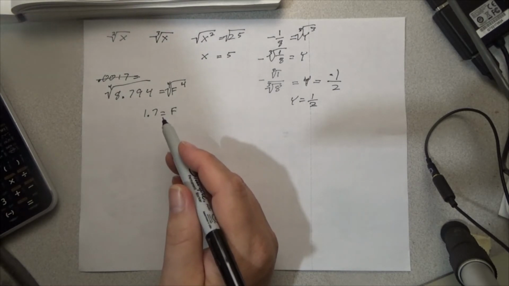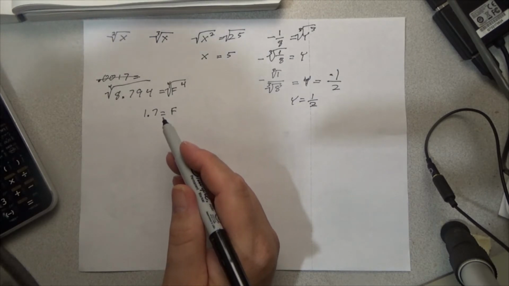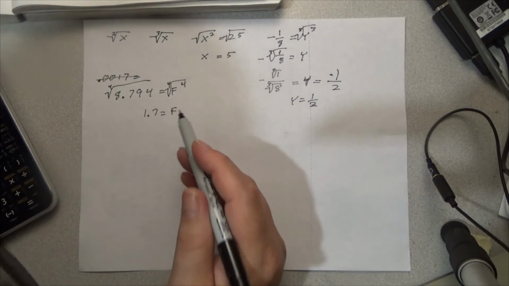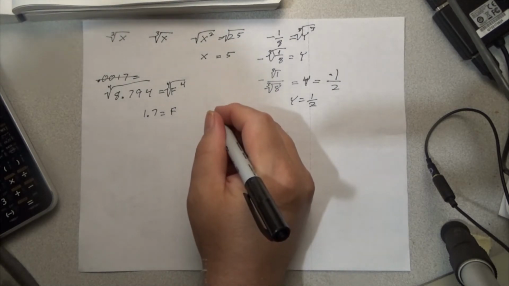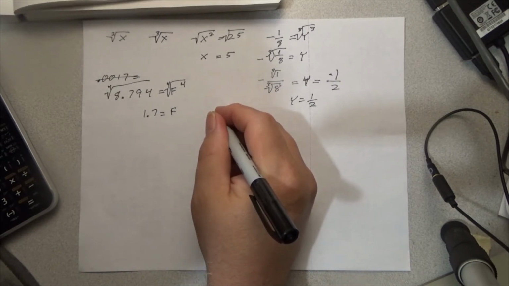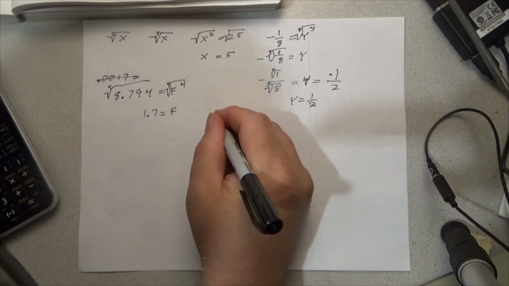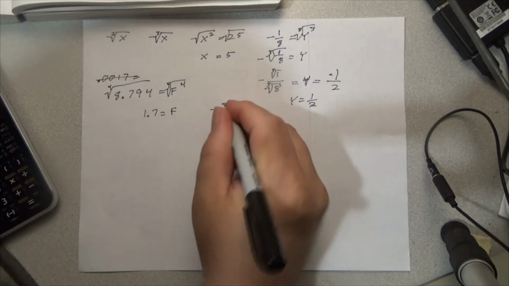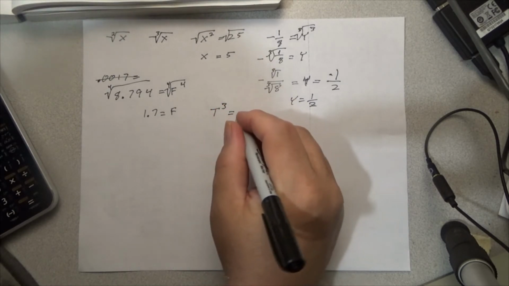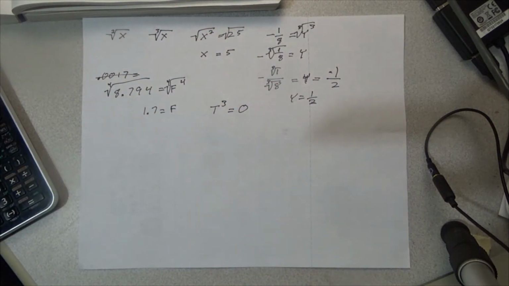Let me see if there's another one in here that looks good. Yeah, number 16. Let's take a look at number 16. That's an interesting looking one. T raised to the third power is equal to 0. Now this is a complicated one.